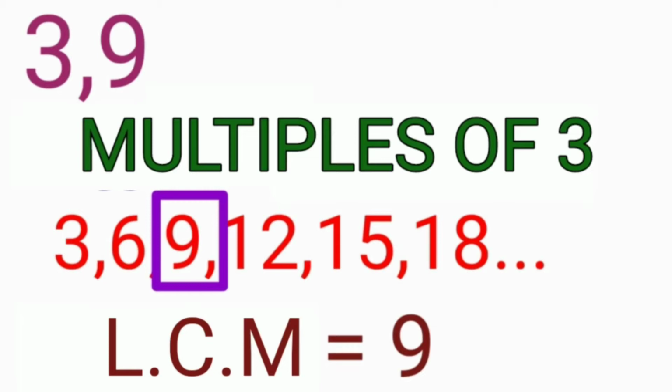So the bigger of these two numbers, that is 9, is the LCM. For any numbers, if one number is a multiple of another number, then the larger number will be the LCM.